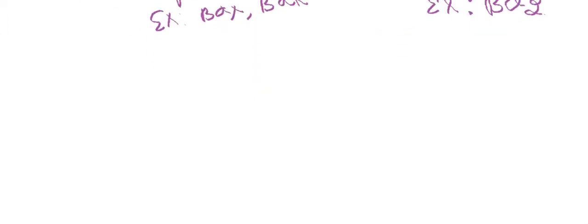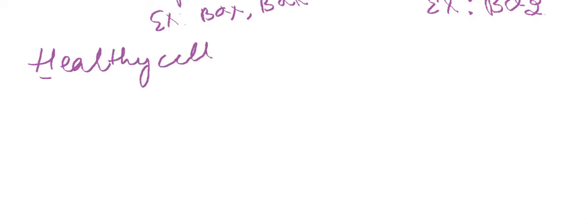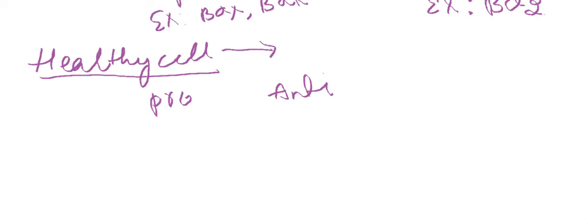Now in a healthy cell, there are both pro-apoptotic and anti-apoptotic proteins, but yet this pro-apoptotic protein will not cause apoptosis because the cell is healthy. Why?